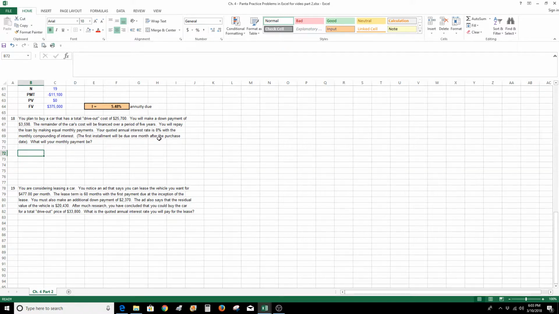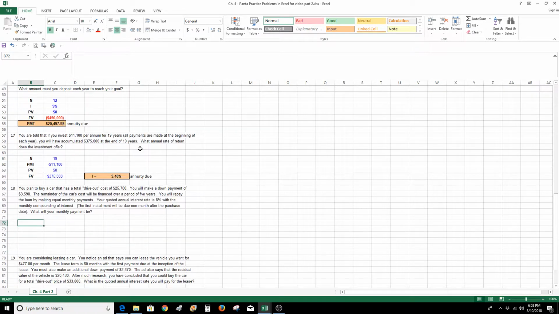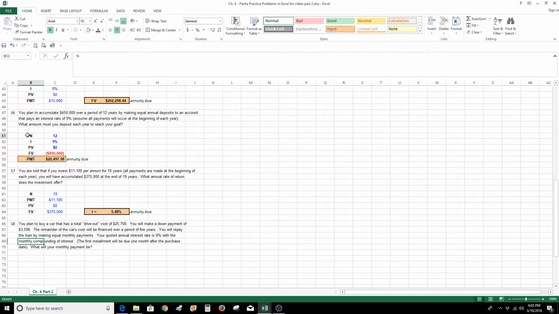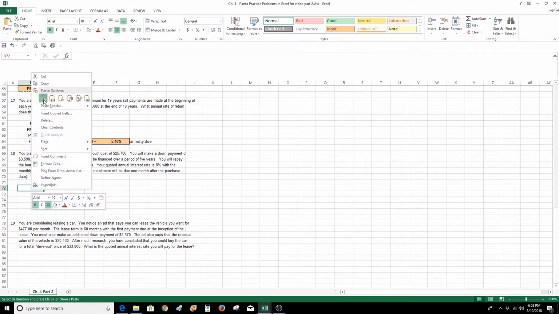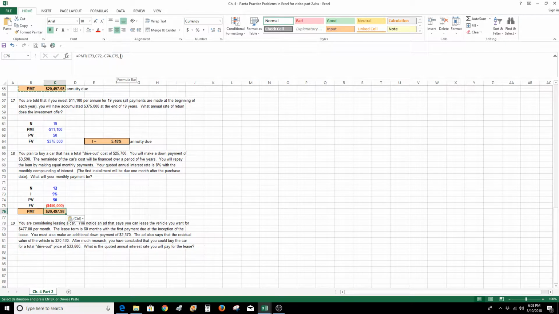So this is telling me that it is an ordinary annuity because it's due 1 month after the purchase date. So it's at the end of that period. So it's looking for payment. So I'm going to go up here and copy this. Copy and paste. I'm going to go ahead and take off the 1 because it's an ordinary annuity. Okay, drive out cost is $25,700.